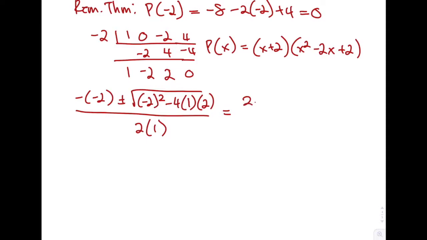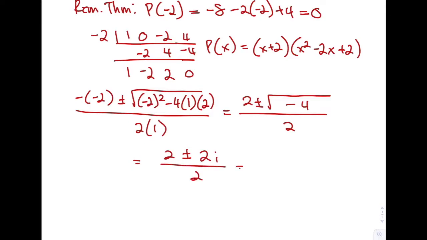So this equals 2 plus or minus the square root of 4 minus 8, which leaves us -4, over 2. Now we can use complex numbers. When we have the square root of -4, we get 2 plus or minus 2i over 2. So we have, finally, 1 plus or minus i. These are the last two zeros.